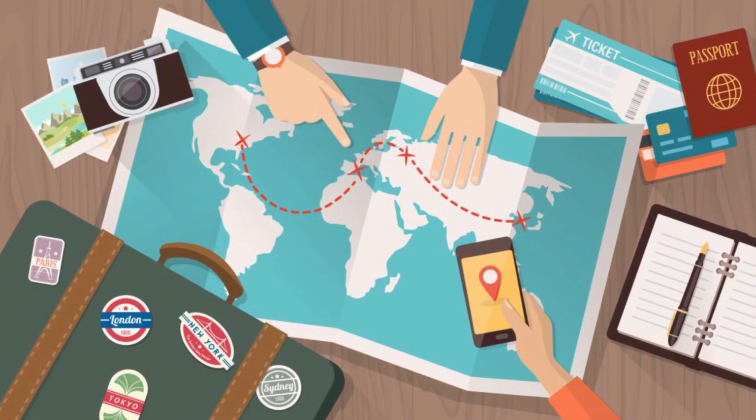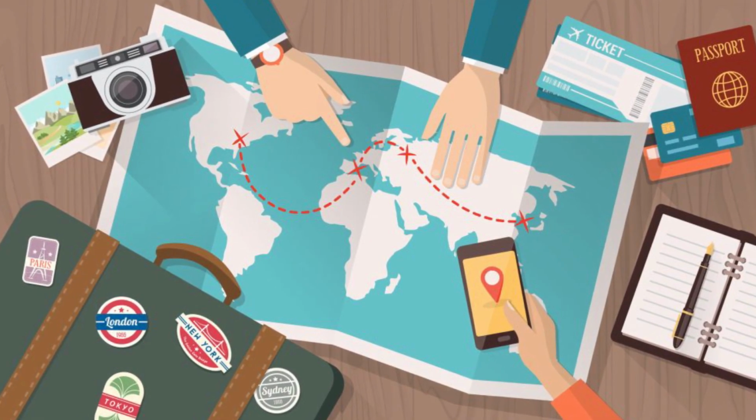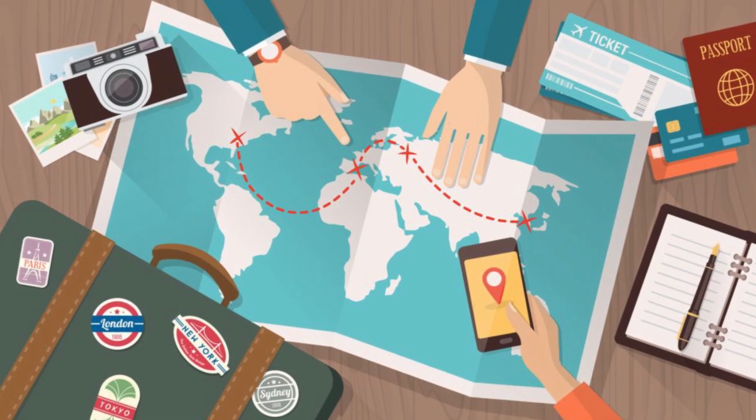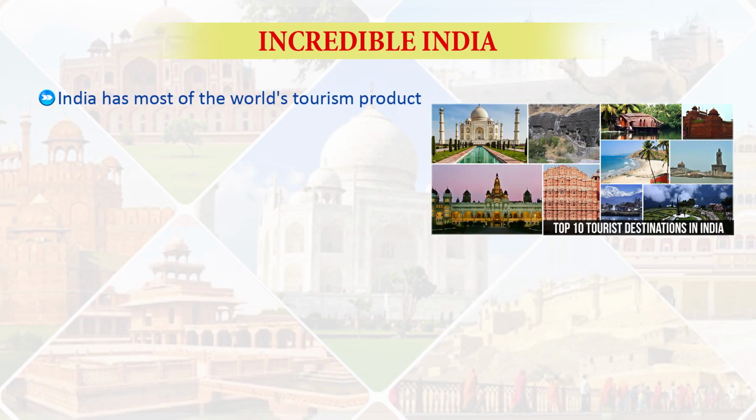When we talk about product designing, we have to keep in mind product positioning also. Product positioning is the image. The moment we say Incredible India, of course it is a part of the promotion. But when we talk about Incredible India, we realize that India has most of the products available in the tourism world.